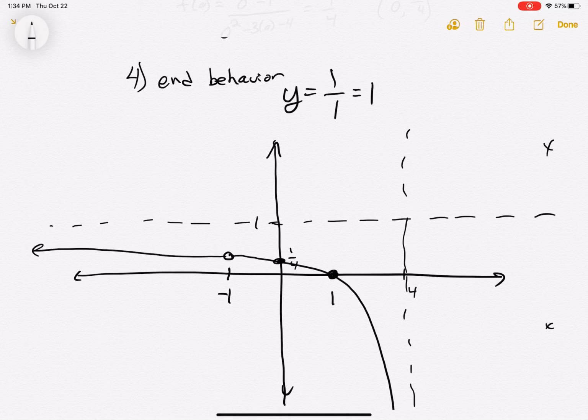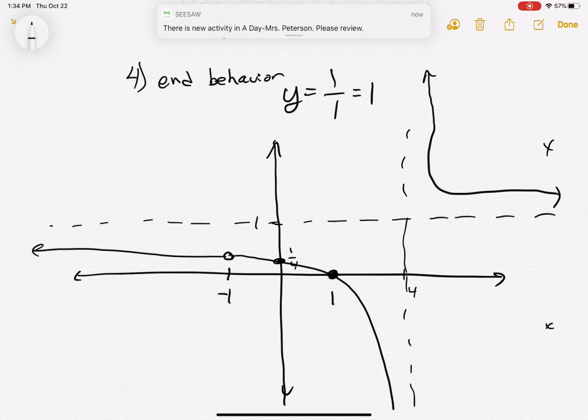Well, it's going to be at the top. And the reason why we know it's going to be at the top is because we don't have a 0 here, right? So there's no place for the graph to cross the x-axis. So it has to be up here. Okay? Something like that.